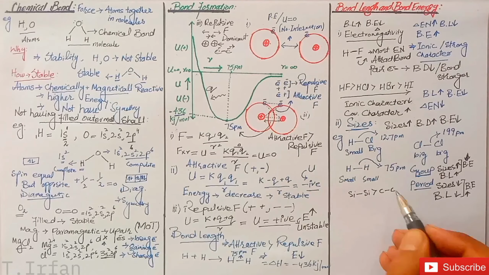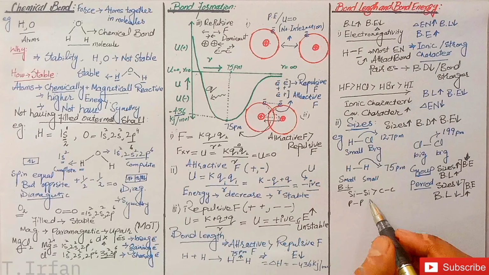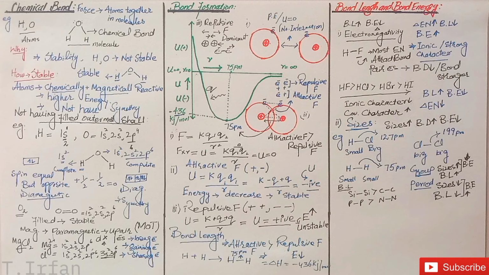Both these atoms belong to the same group, but the size of silicon is higher, so the bond length is greater and the bond energy is lower. And the bond length is greater between phosphorus atoms as compared to nitrogen atoms. Both these atoms belong to the same group, but the size of phosphorus is higher, so the bond length is higher and the bond energy is lower.